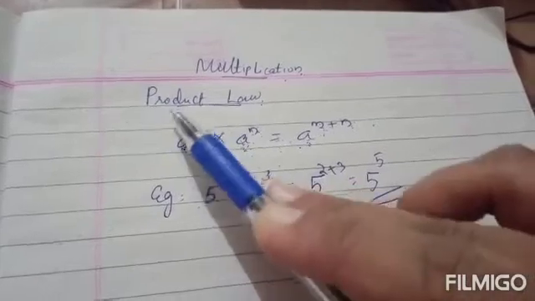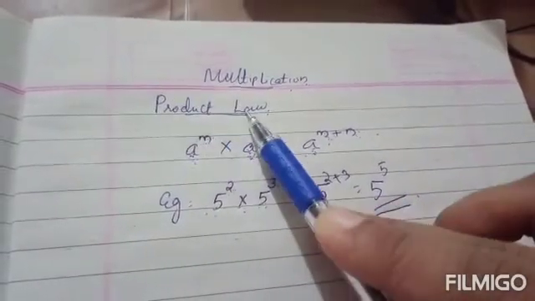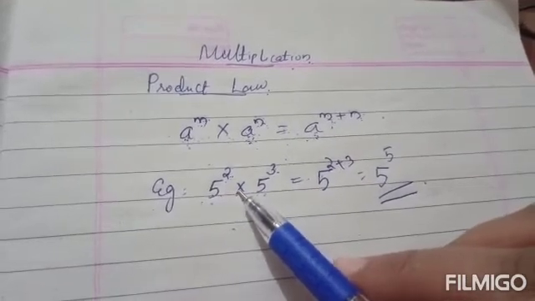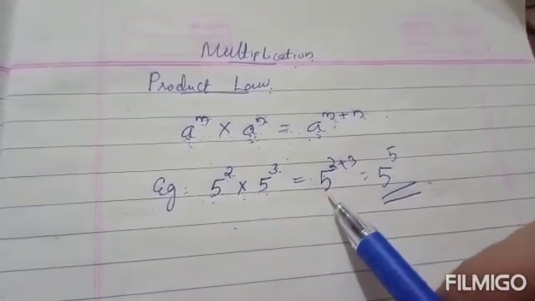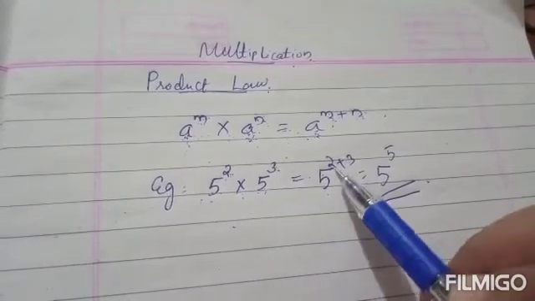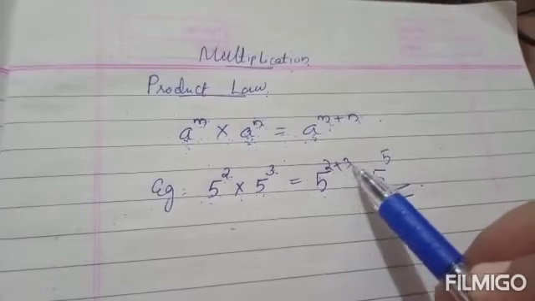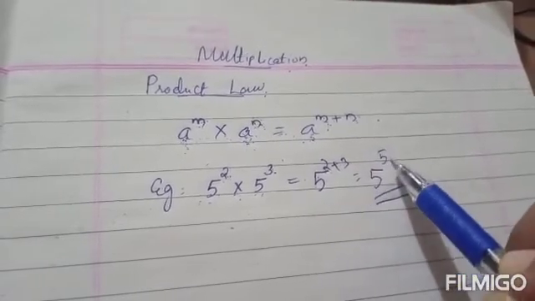We follow this rule only in the case of multiplication, that's why it is called the product law. If you are multiplying, we write the same base but the powers are added.